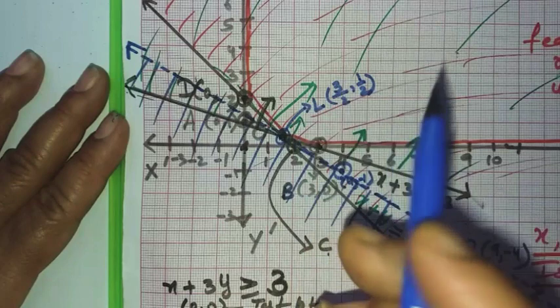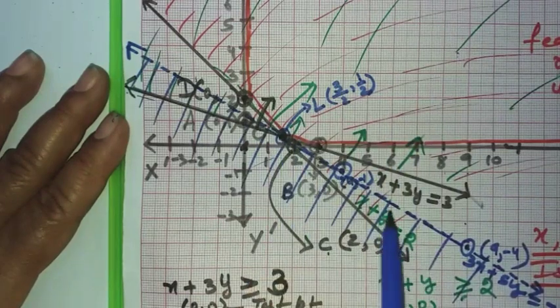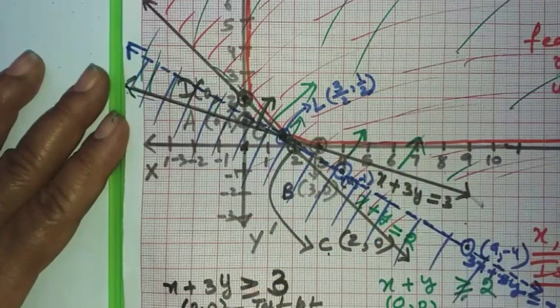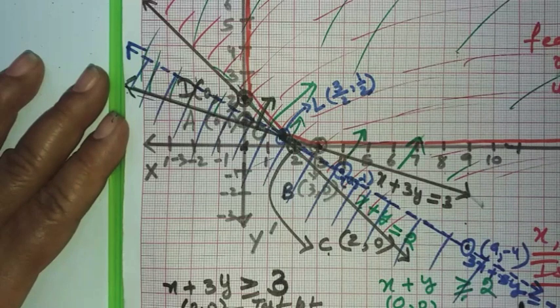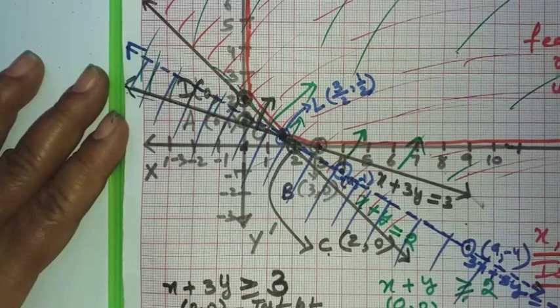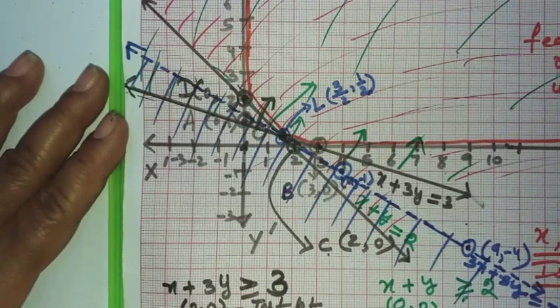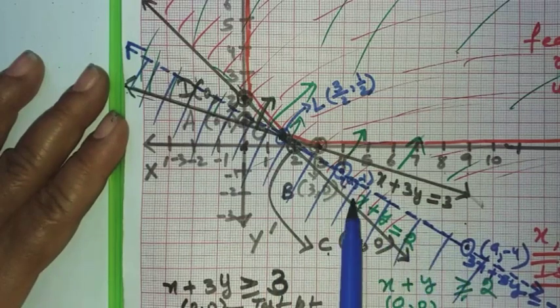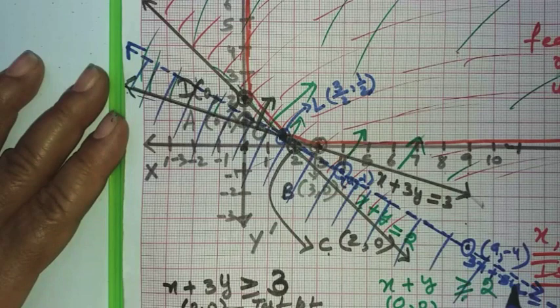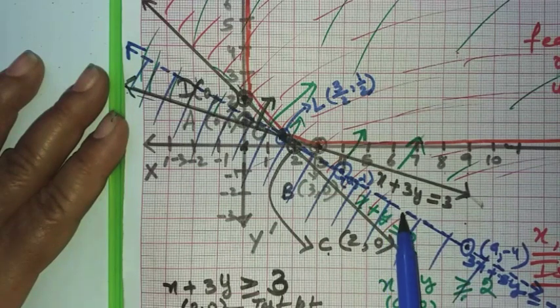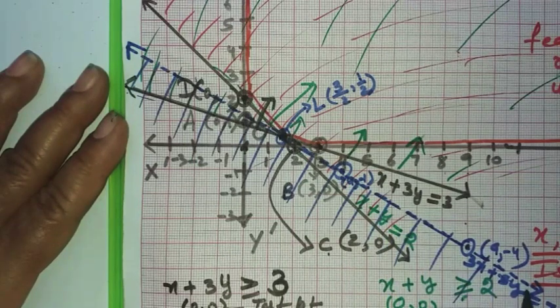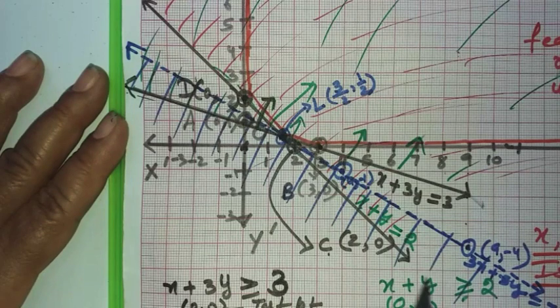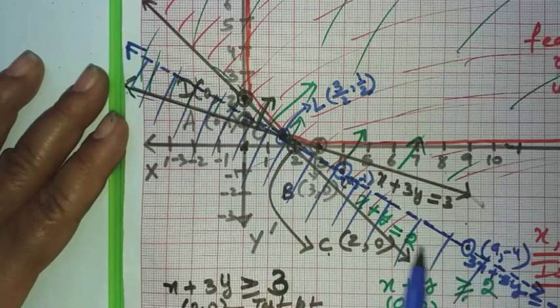No, this is not a common point because this point lies on the line 3x plus 5y equal to 7. And the region given by 3x plus 5y less than 7 does not contain this line, because I have already made this line a dotted line. That means the points lying on the line 3x plus 5y equal to 7 are not included in the new region.